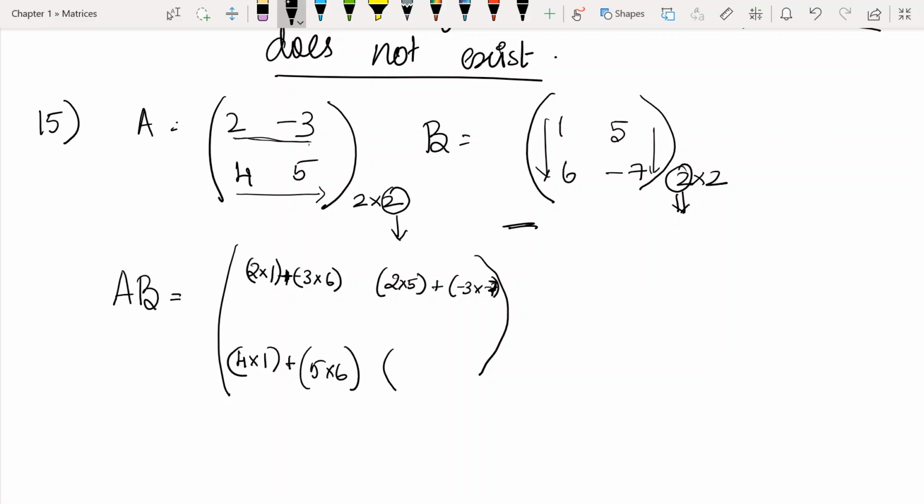The next one, second row and second column: 4 into 5, plus 5 into minus 7. Close the bracket.